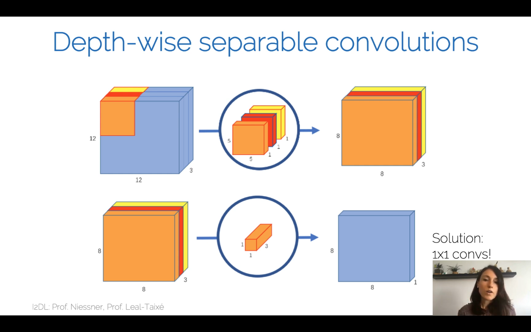So with these 2 operations, I can mimic what a normal convolution is doing. One filter of 5x5x3, a normal convolution, gives me a representation of 8x8x1, and now I can mimic these input and output sizes by having a depth-wise separable convolution plus a 1x1 convolution.